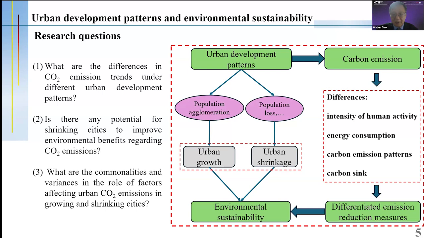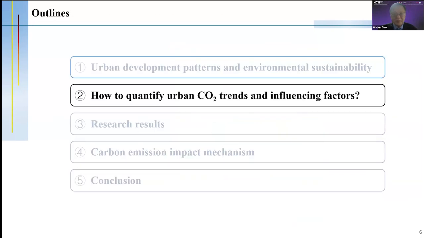About the carbon emission, what's the difference in the intensity of human activity, energy consumption, carbon emission, and the carbon sink? So the first is how we can quantify urban carbon dioxide emissions, and also make sure some influence factors.